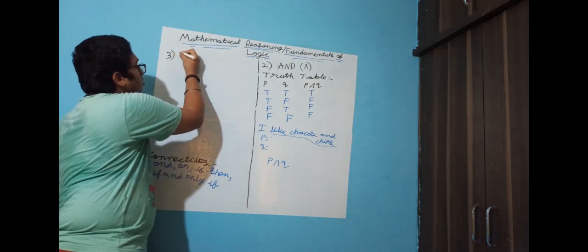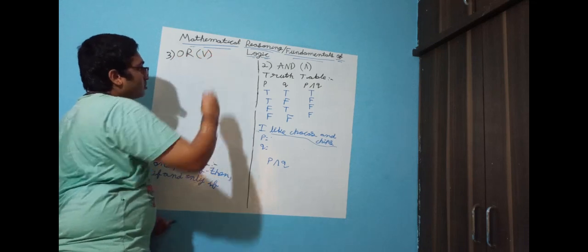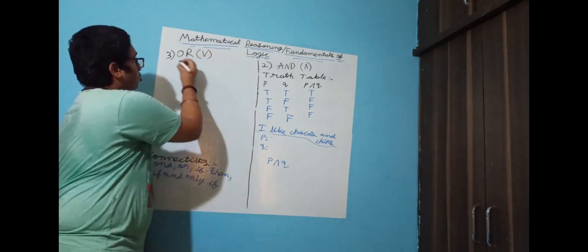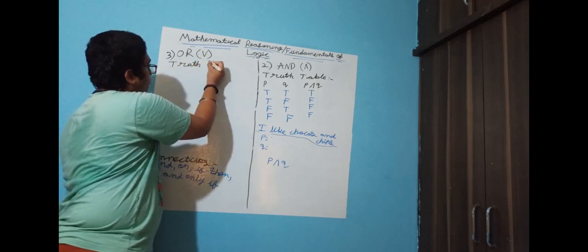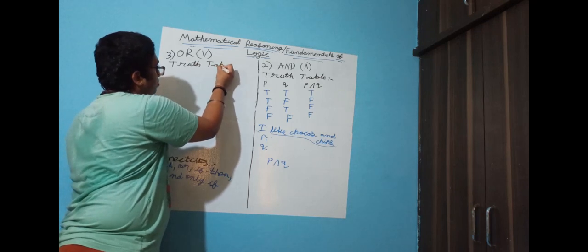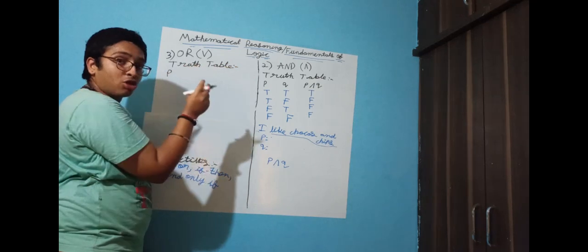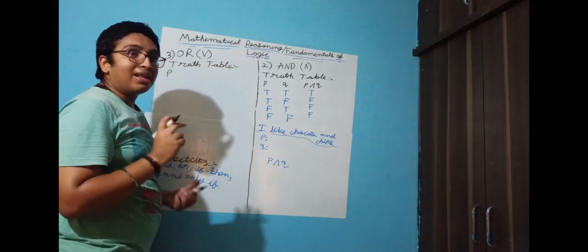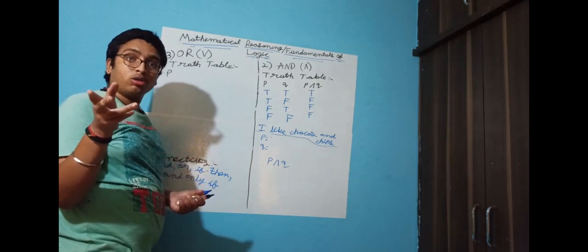OR is also known as disjunction. Now, the truth table for OR. Same, it is also used between two sentences. Like in real life, we use either or, neither nor.